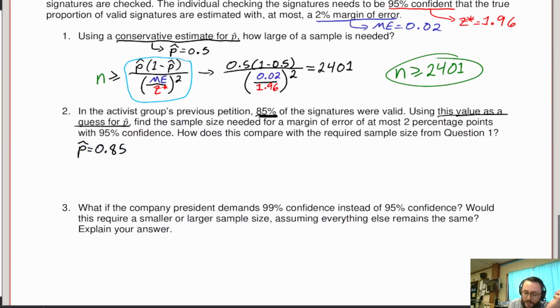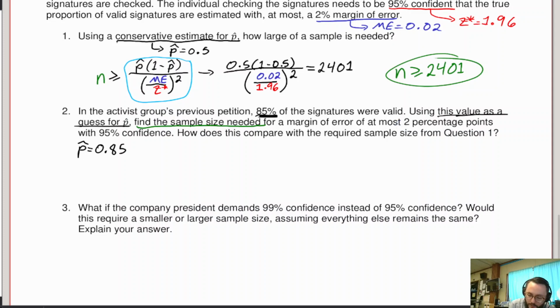Find the sample size needed for the margin of error of at most 2 percentage points with 95% confidence, the same thing that we had before. And then how does this compare with the required sample size from question 1?